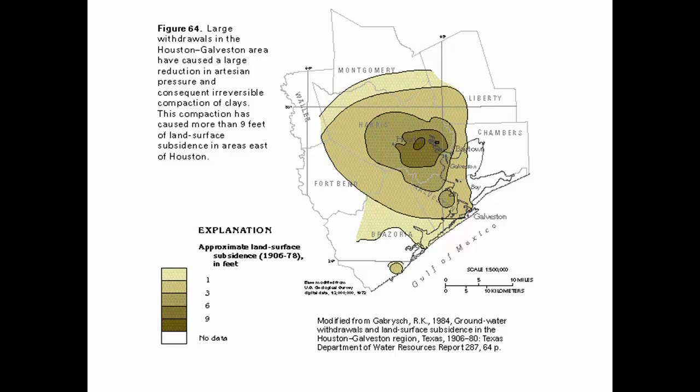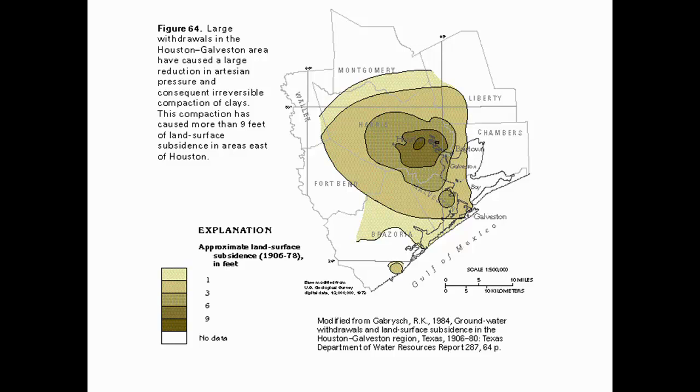Now what happens is that groundwater withdrawal in the Houston-Galveston area in the early to mid part of the 20th century caused large reduction in artesian pressure and subsequent irreversible compaction of the underlying clays.